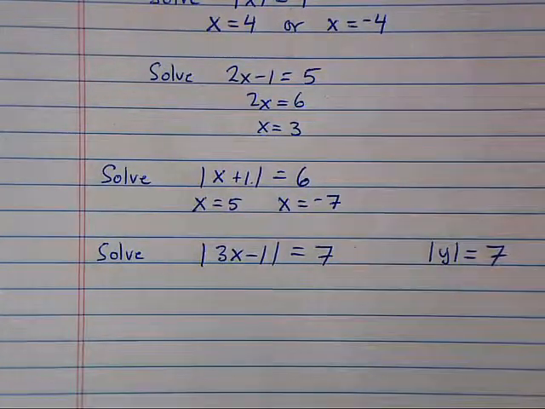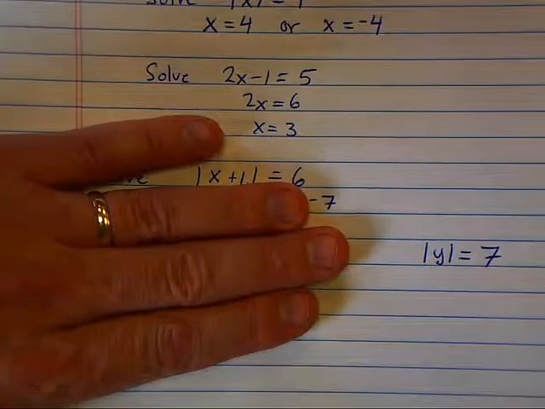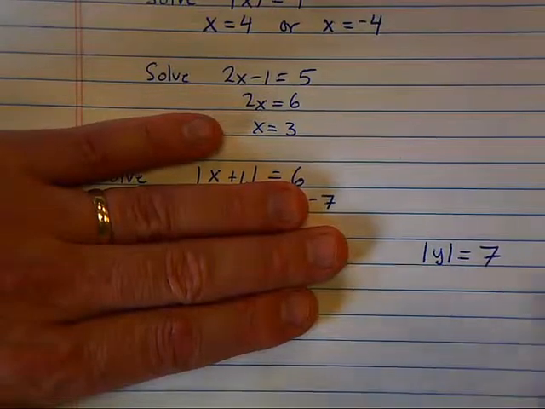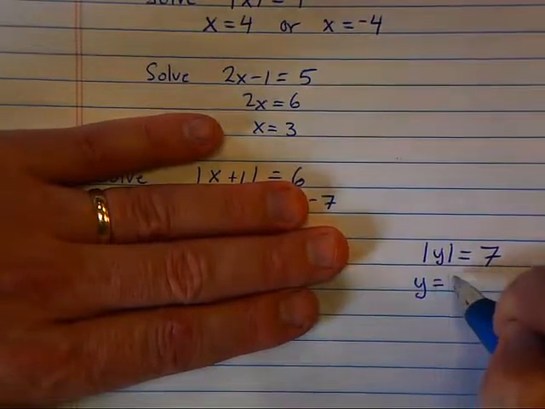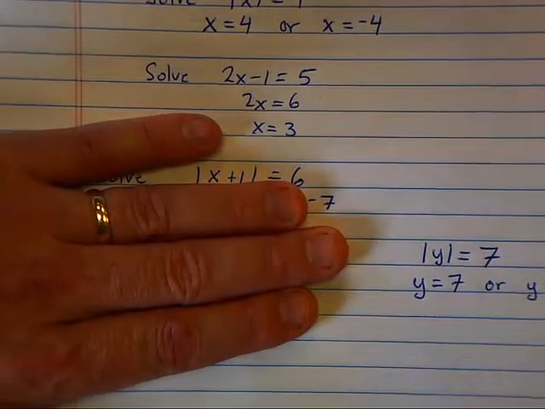So instead of 3x minus 1, I just wrote the letter y. So forget about this equation for a minute. Absolute value of y equals 7. You would tell me the answers are 7 and negative 7. So you would tell me y is 7 or y is negative 7.